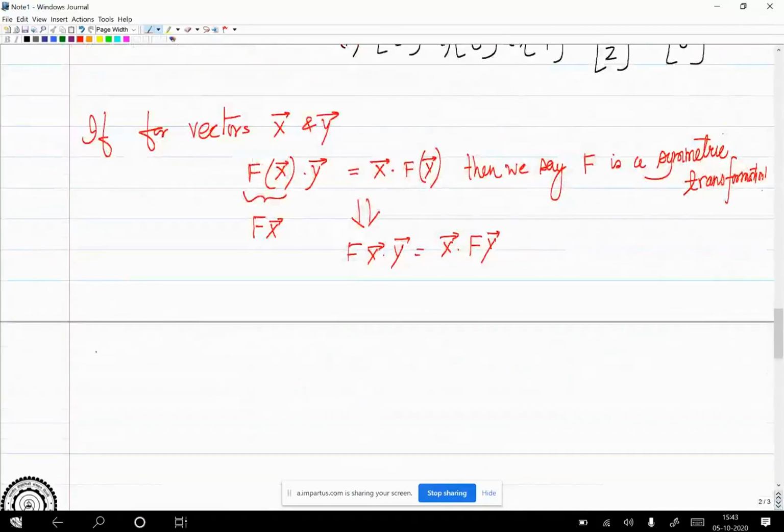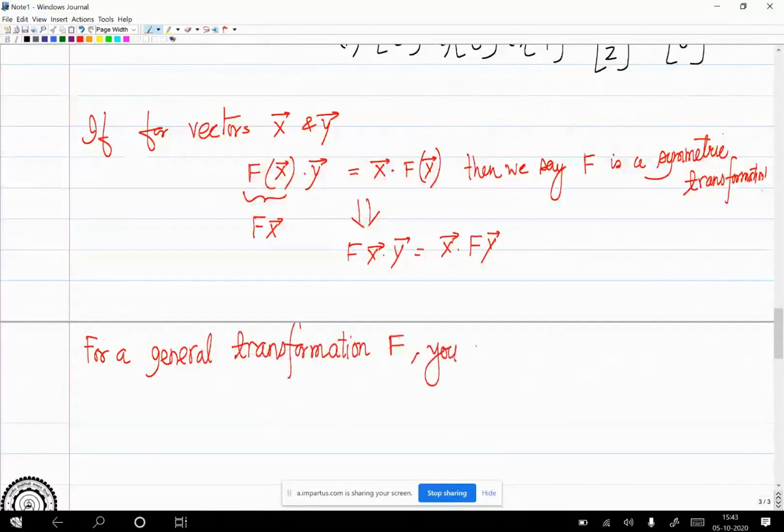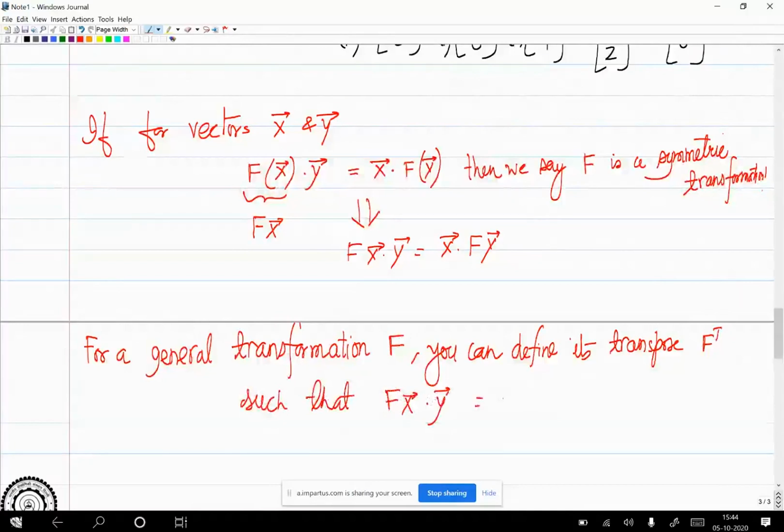And for a general transformation f, you can define its transpose f^T such that f of x dot with y is equal to x dot f transpose into y.